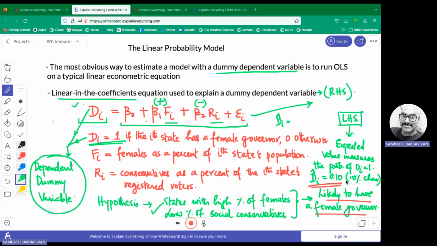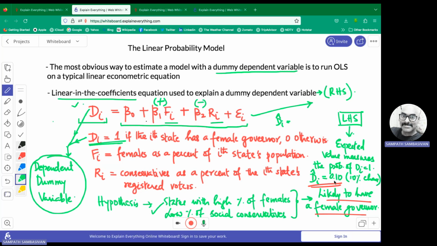So this 0.10 indicates the probability of Di being equal to 1, or in other words, the probability of the ith state having a female governor. That's what Di equal to 0.10 would indicate: there is a 10% chance for the ith state to have a female governor.